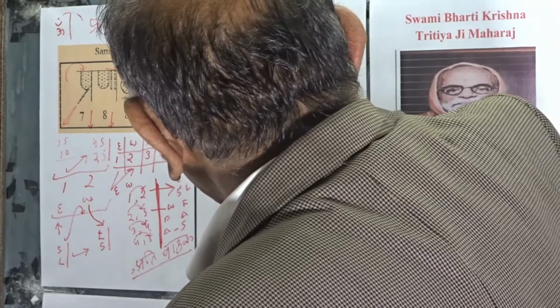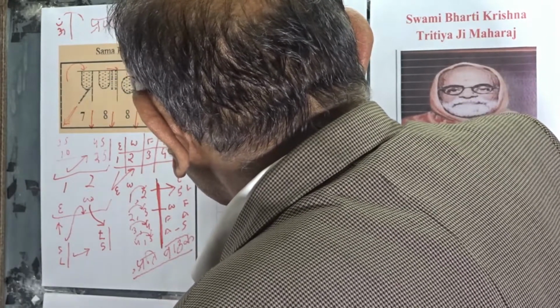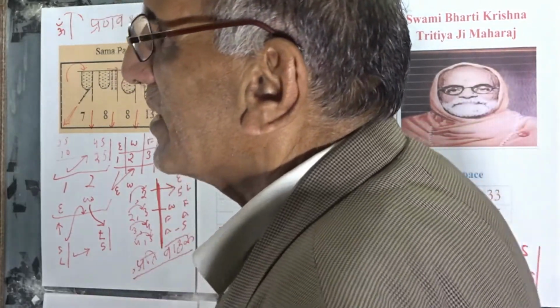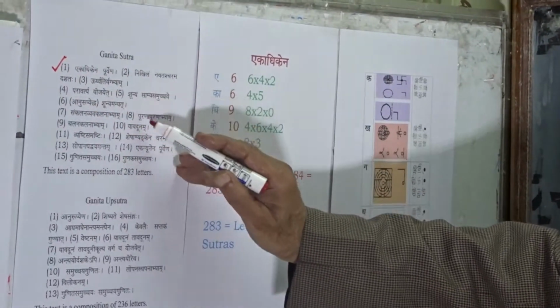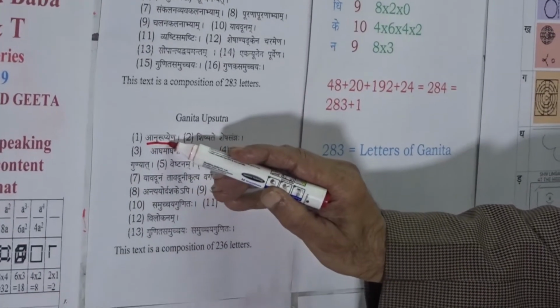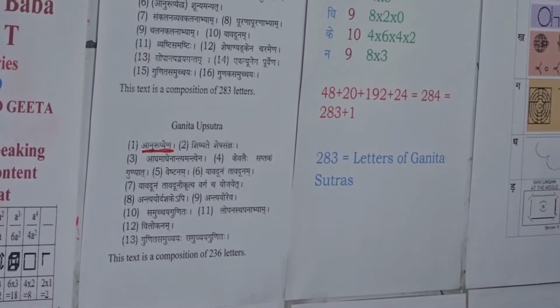This initial phase and stage of transition is carried forward by the Ganita Sutras format of Ekadhiken Purve, one step more, and followed by Anurupe, the proportionate symmetry rule of Ganita Upsutra 1.